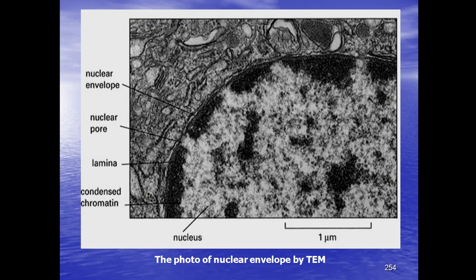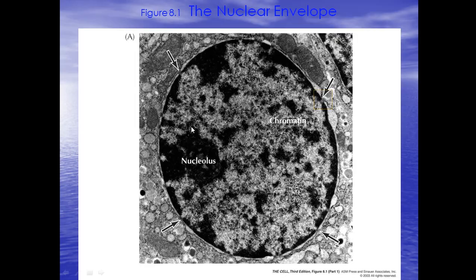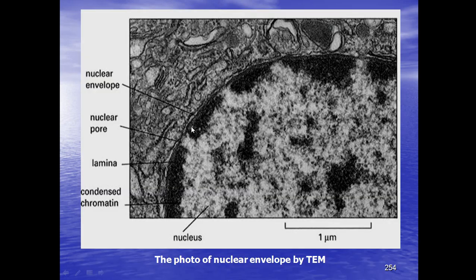See, these are the nuclear membranes, the double layer. There is a small space which you can clearly see here, that is the perinuclear space. One is the outer membrane and another one is the inner membrane. The outer membrane is continuous with the endoplasmic reticulum, whereas the inner membrane has a meshwork of intermediate filaments, that is what you call nuclear lamina.